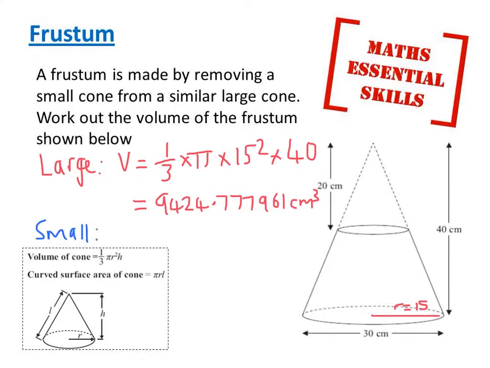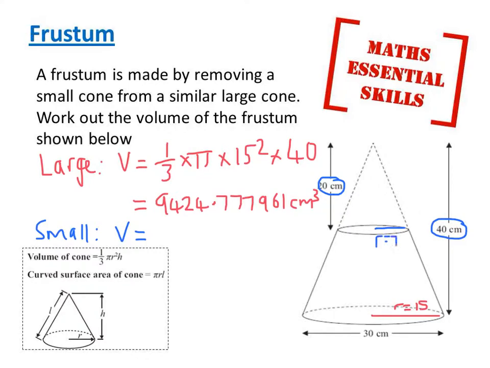Again, the variables I need for this are the radius and the height. Now, I know the height of the small cone. That's very clearly shown as 20. The radius of the small cone isn't given to me, but I can work this out very easily. Because the height of the small cone is half of the height of the large cone, I know that the radius of the small cone is half the radius of the large cone.